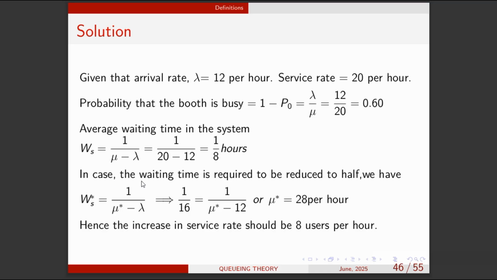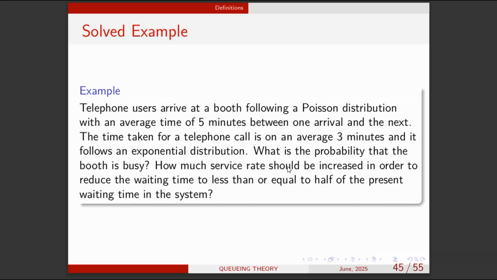In this case, they said that we should reduce this, so what is the new service rate per hour? The new one. We need to equate a new Ws formula, which is 1 over mu star minus lambda. Mu star is the service rate that has to be increased in order to reduce the waiting time to less than or equal to half. It's an inequality, so we take the equality part and solve it.